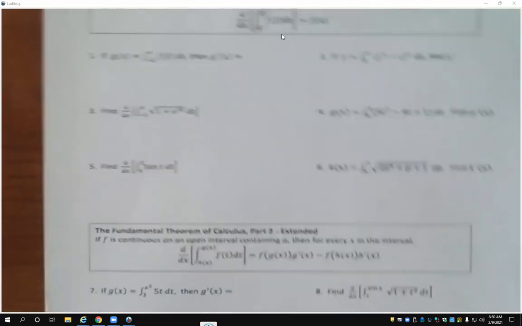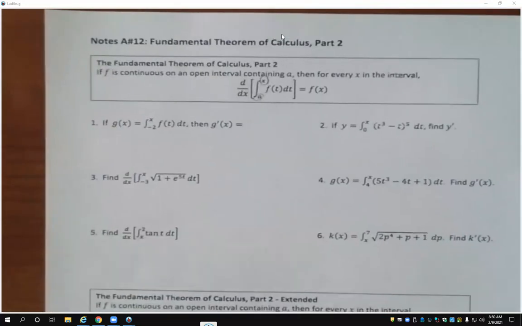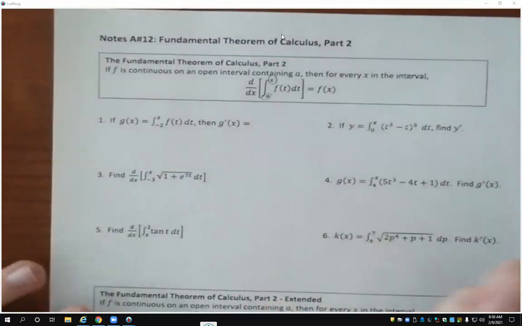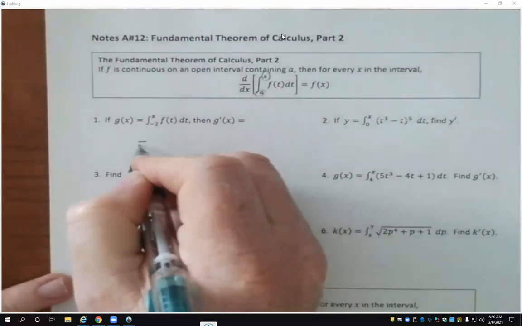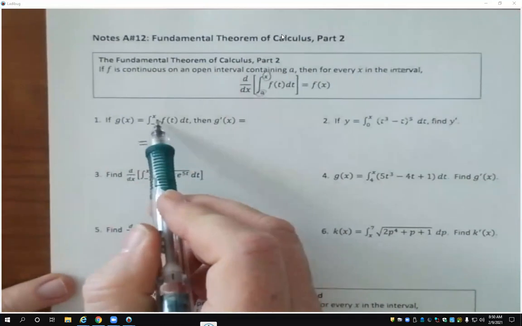All right. So this first part right here is just taking what you learned yesterday and putting it into play without actually taking the antiderivative. So yesterday, the first half of the question was to take the antiderivative of this. And then the second part was saying take the derivative of the antiderivative. Now we're just going to do the fundamental theorem of calculus part 2, which simply says this is my a value.